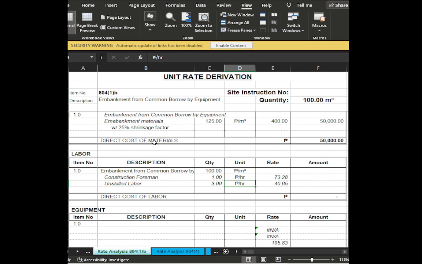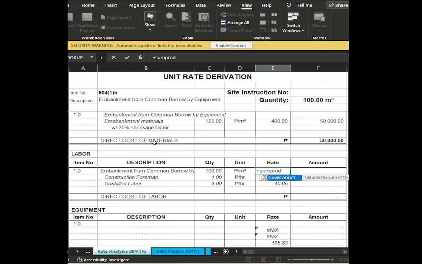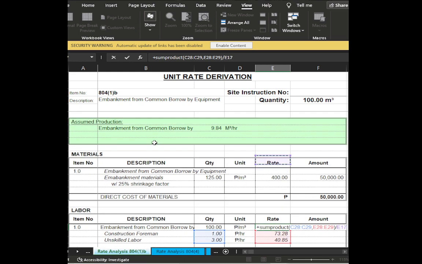So this is the peso per cubic meter of this embankment labor. We are going to use the same formula from before. We'll get the sum product of these two labors, then divide it by our 9.84 cubic meters of assumed production.